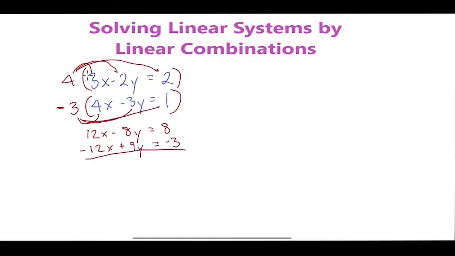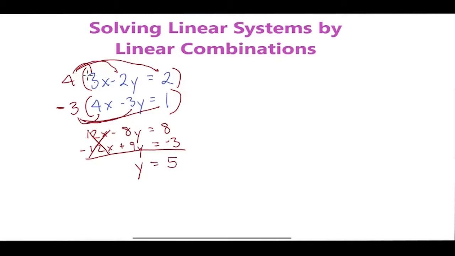So now I can do my linear combinations. So my 12x and negative 12x cancel. Negative 8y plus 9y is 1y, which is just y. And 8 minus 3 is 5.